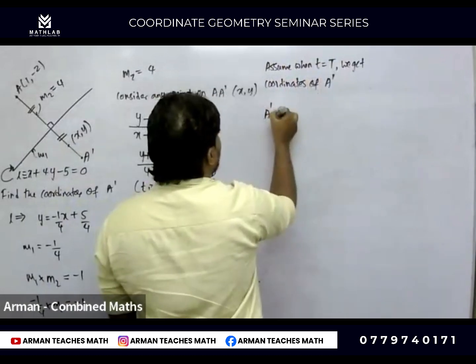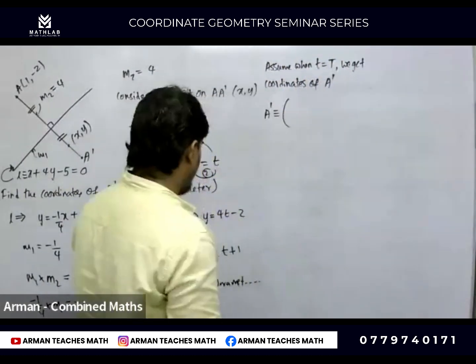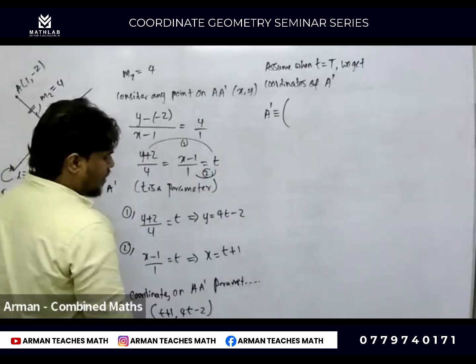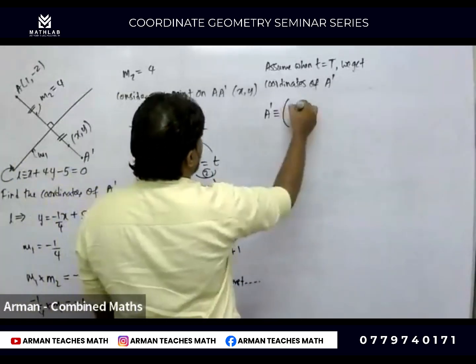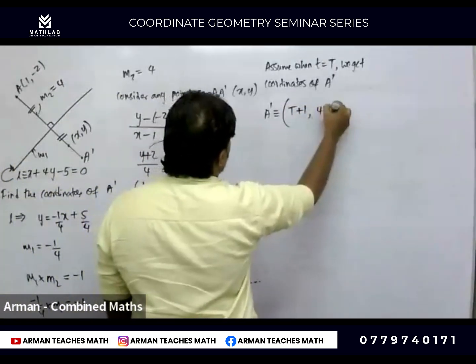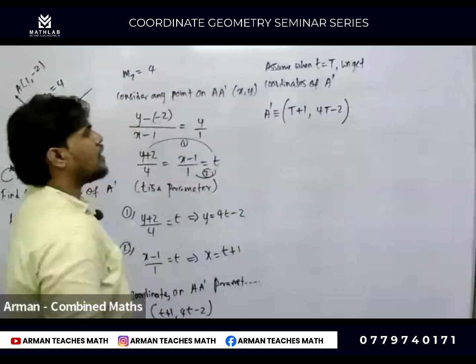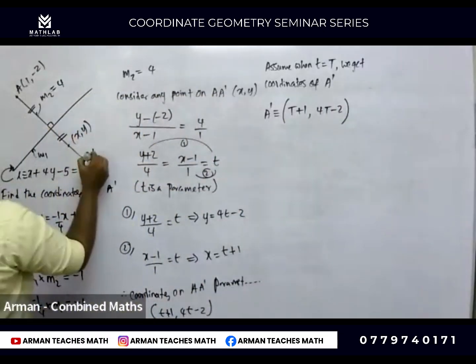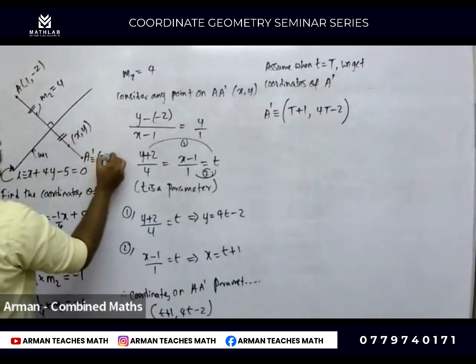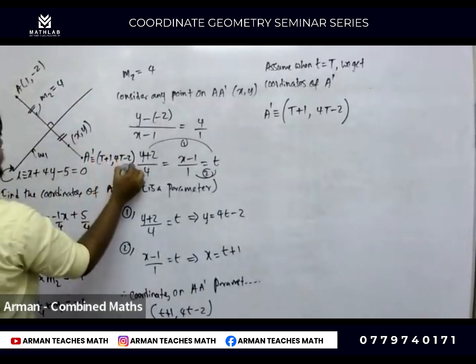So the A dash coordinates are equal to (T + 1, 4T - 2).